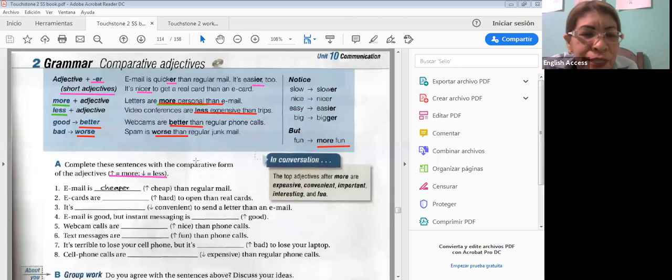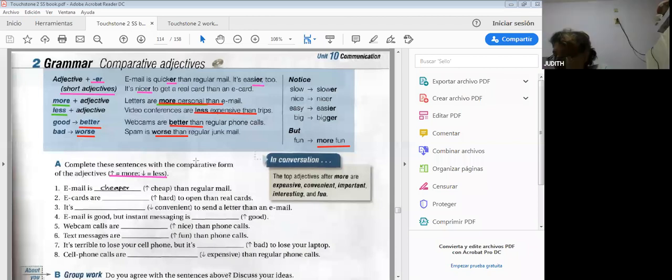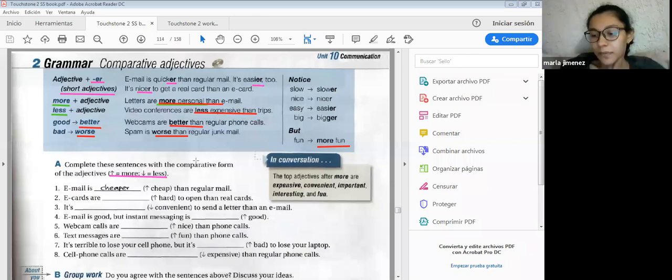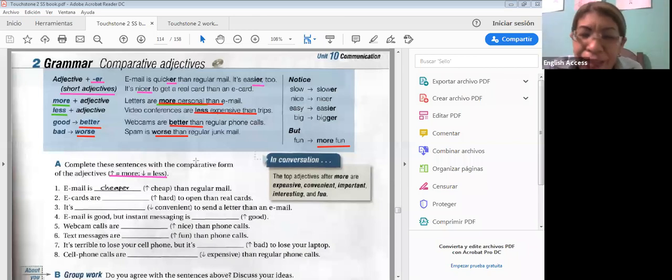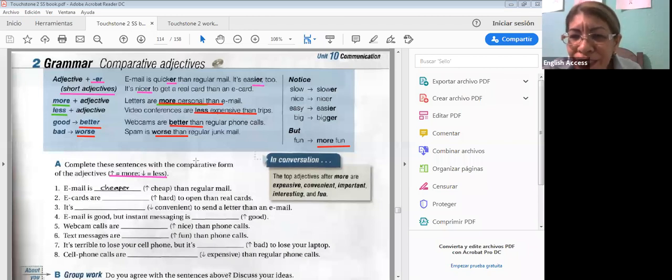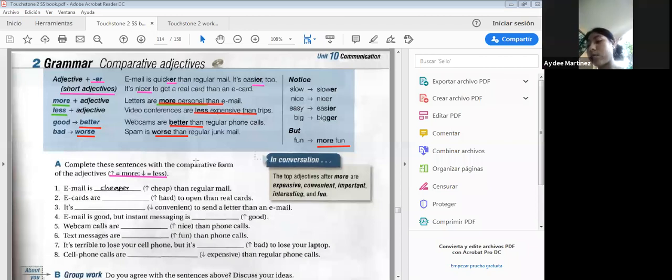Number 4, Judith. Email is good, but instant messaging is better. Better. Thank you. Number 5, Marla. Webcam calls are nicer than phone calls. Yes. Aiden, number 6. Text messages are funnier than phone calls. Okay, one more time.